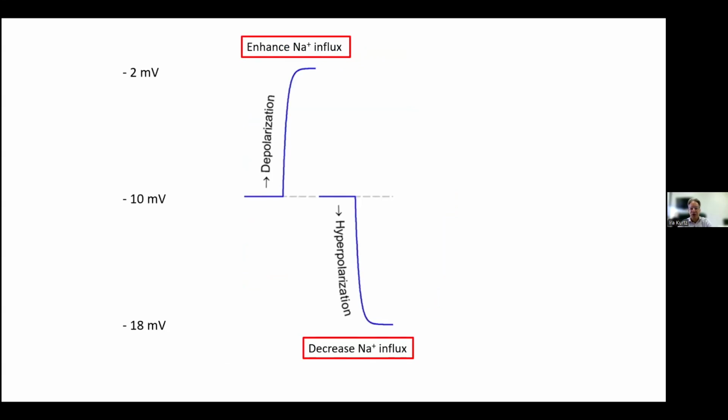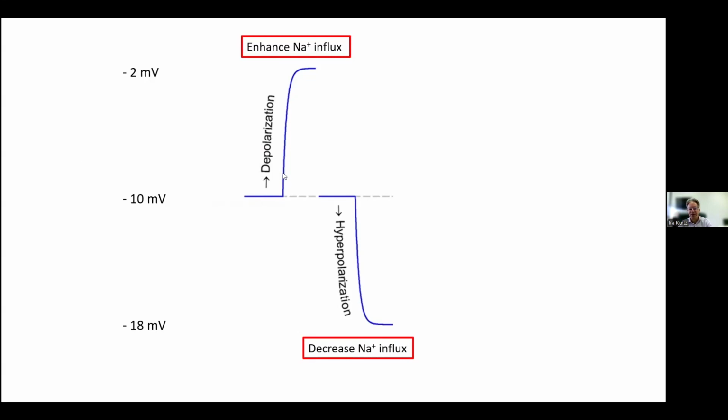Now, for those of you that might recall some electrophysiology, either as an undergrad or in medical school, if you have a positive charge going into a cell across a membrane where it's negative inside the cell, that's going to make the negativity less, and that's called depolarizing the voltage. And that's what occurs when you have enhanced sodium influx across ENaC into the cell.